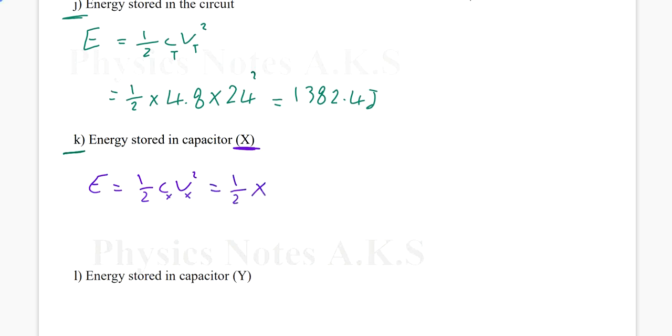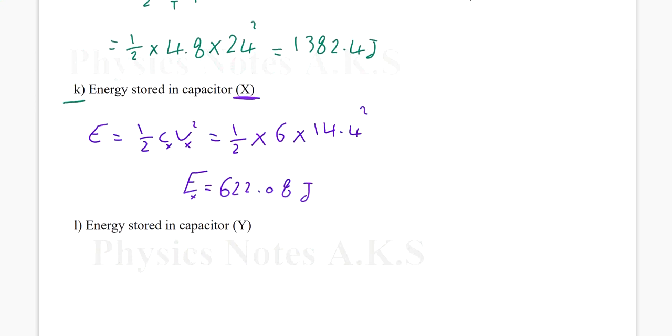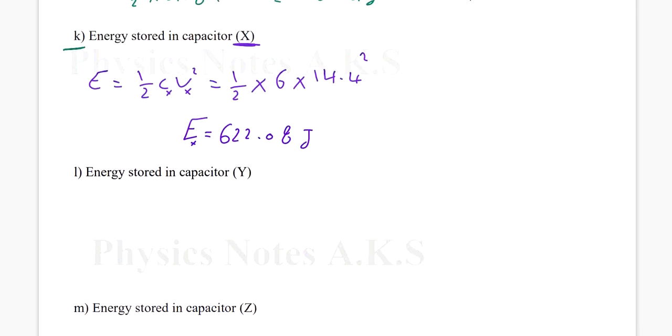Capacitance of X, guys, it is 6 multiplied by the voltage of X. We found it 14.4 squared. So the energy in X is going to be 622.08 joules.